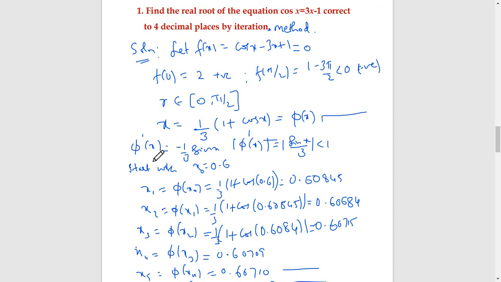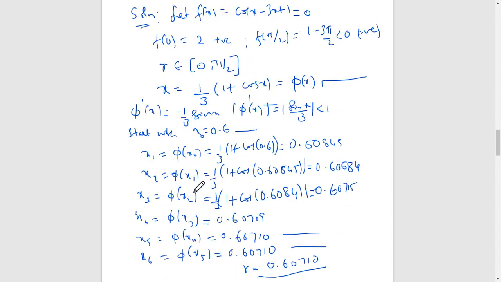We have checked phi dash of x, that is the differentiation of phi of x, that is 1 by 3 into the differentiation of cos x, which is minus sin x. Mod phi dash of x, that is mod sin x by 3, is less than 1. To start the initial approximation with 0.6, we have iterated values x1, x2, x3, and so on. Then we got the real value at x6.